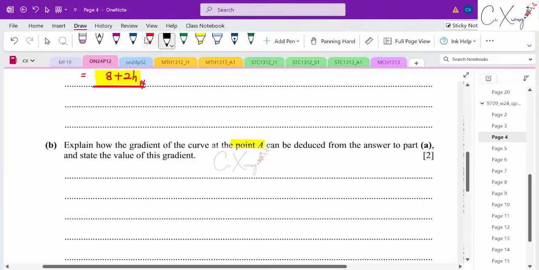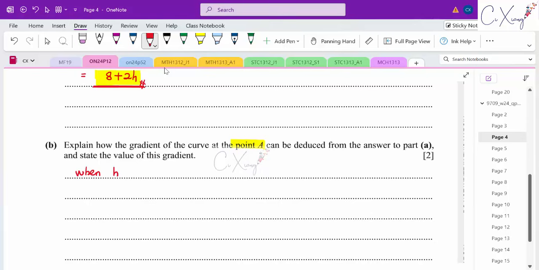So to explain this, we have to tell them that when h is very, very small, until going to be 0, the gradient of AB will become the gradient of the curve at point A. Because when h equals 0, B is very close to A, and the gradient is almost the same as the gradient of the curve at point A.